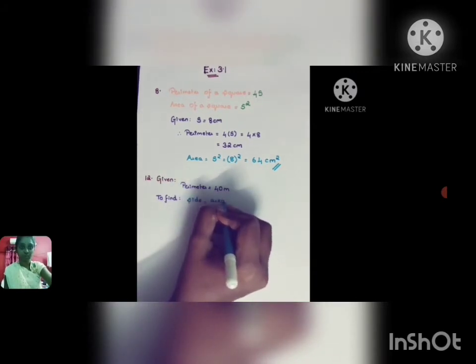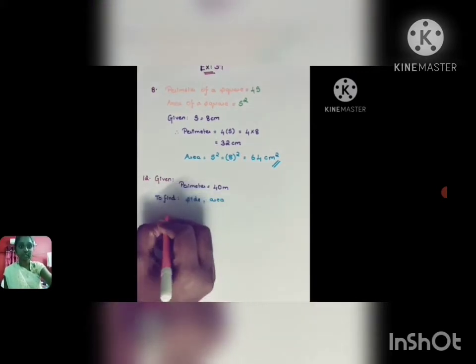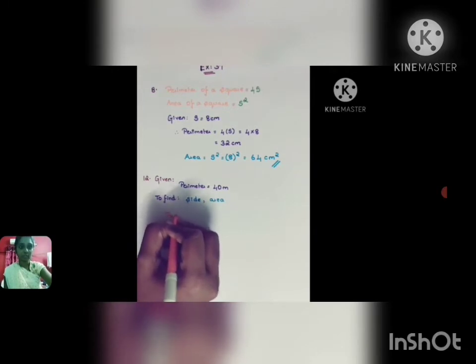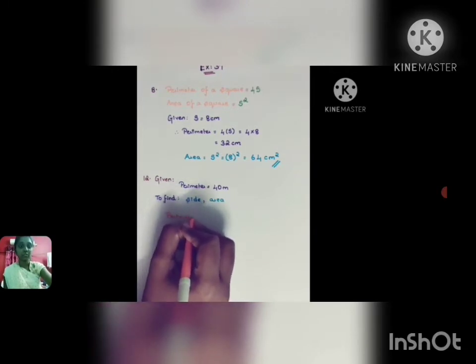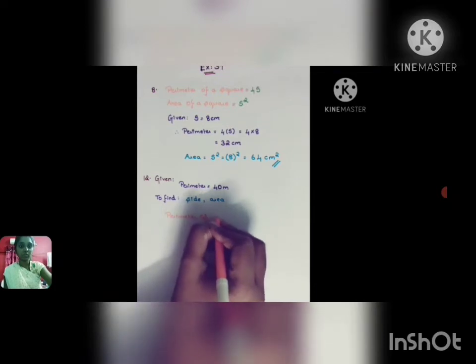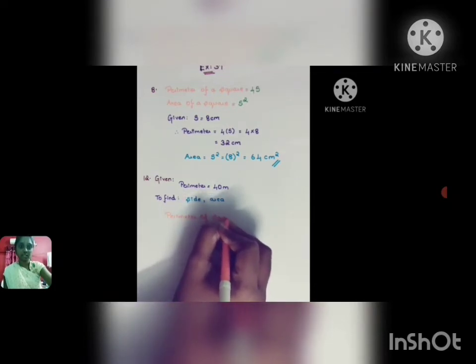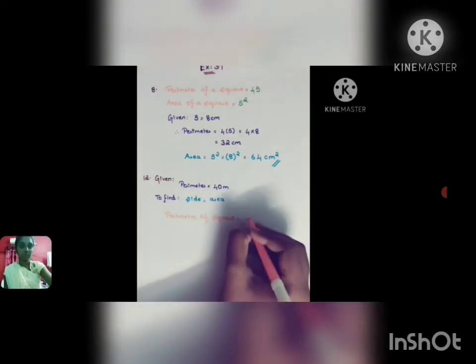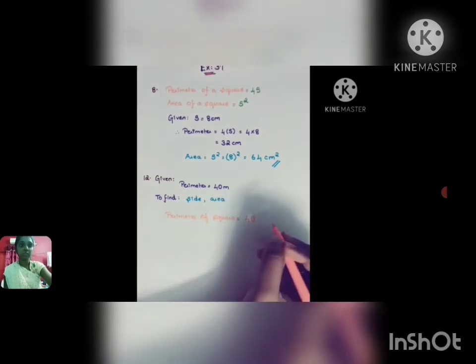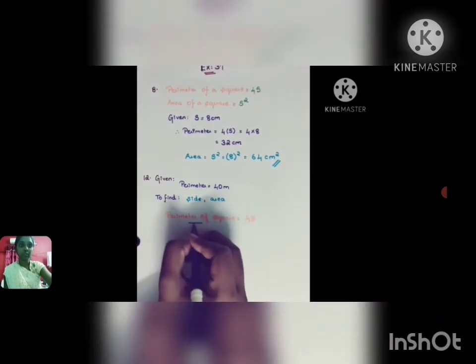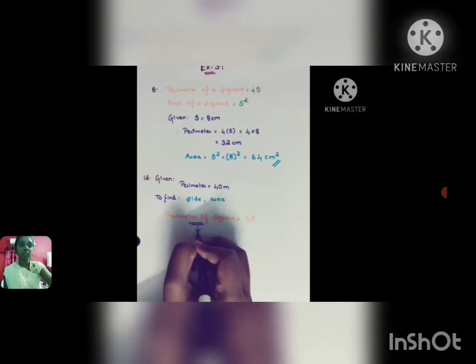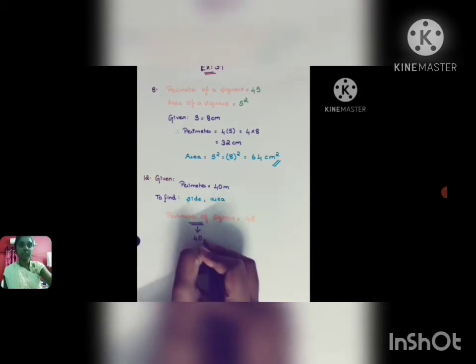So now we know that the perimeter of a square is given by multiplying the side of the square by 4. That is, perimeter of a square is 4s. We are given the perimeter of the square as 40 meter.